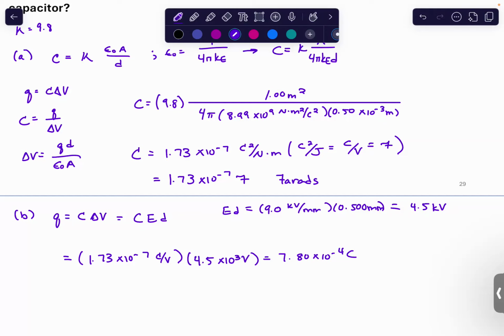So you can go ahead and just plug in E times D there, but you're going to have to get all the units the same. You're going to have to change it to volts per millimeter because then you have a D of millimeters. Or you can just do E times D, get the kilovolts and change it to volts and make it easier on yourself.